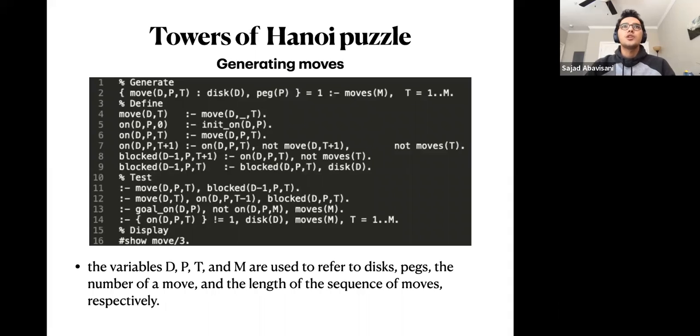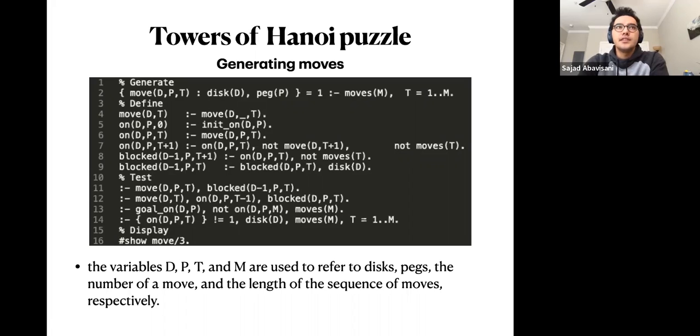So quickly, if I want to go through it, the first line, the second line, the generating part, says that you have m moves in total, and at each time step we have one move.